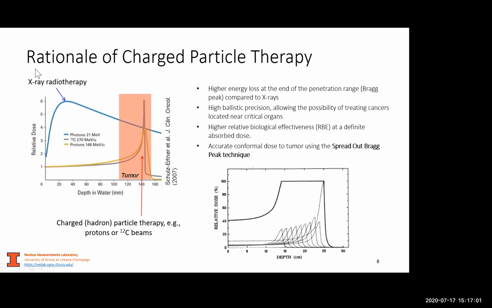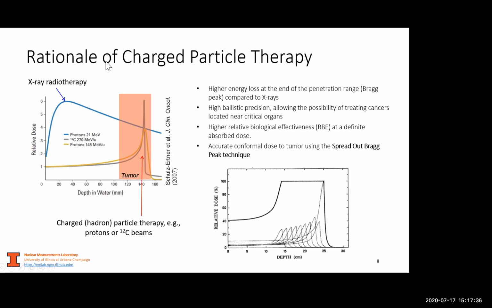The usual figure, the graph that one refers to when comparing X-ray radiotherapy to charged particle therapy, is the one that you see here on the left. When referring to radiotherapy, usually we think of X-ray radiotherapy, and this is still the most common and most used technique, and also is quite effective for certain types of tumor.